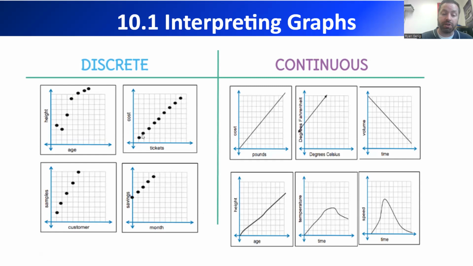So there's no information between those 2 points. Whereas in continuous graphs, like this volume over time, so let's say we're turning down the volume on our radio, it's a knob a lot of times, or a button that you push, and the volume is going down. It doesn't go down a little bit per second, it goes down continuously.